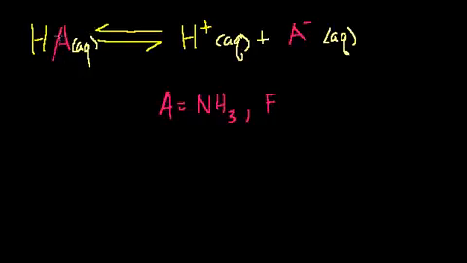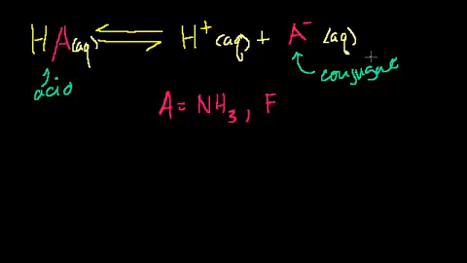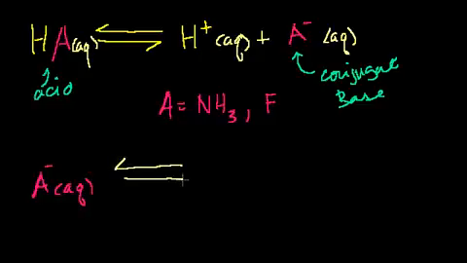So we learned in the last video that if this is the acid, then this is the conjugate base. And we could write the same reaction essentially as more of a basic reaction. So if I start with A minus in an aqueous solution, that's in equilibrium with, this thing could grab a hydrogen from the surrounding water and become neutral.